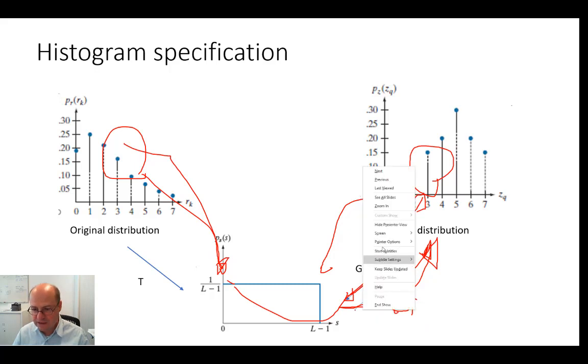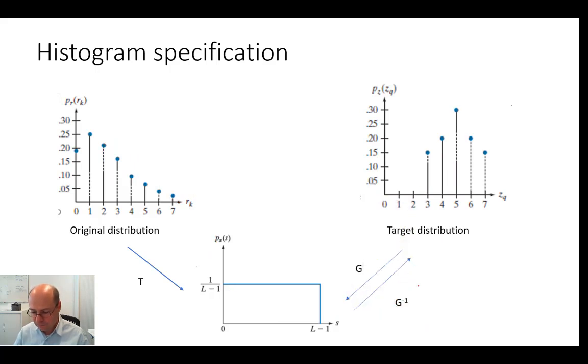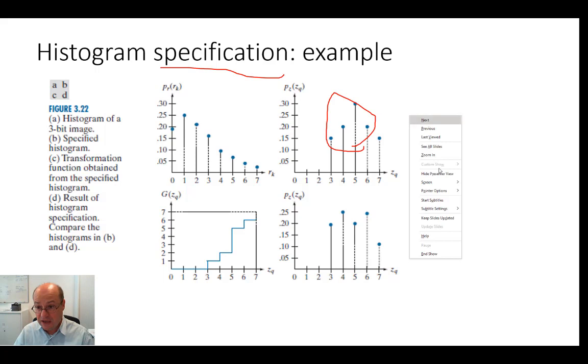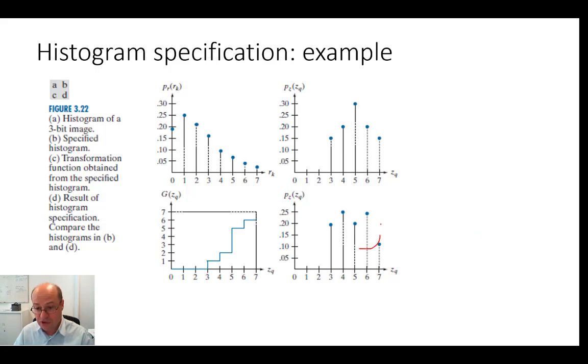That's the main idea, right? Well, this is an example in the book of the same thing that we've done for histogram equalization. The book does it for histogram specification, where this histogram is specified by the user, and the output image has this shape of histogram in the end.